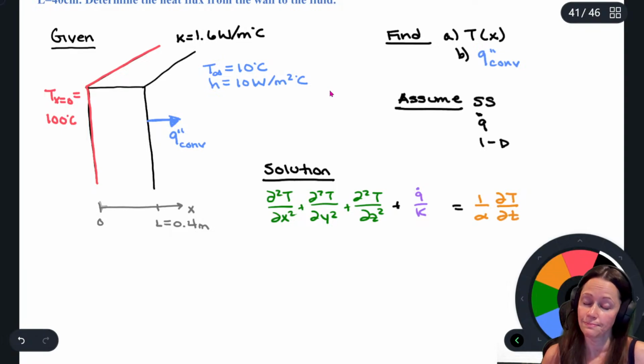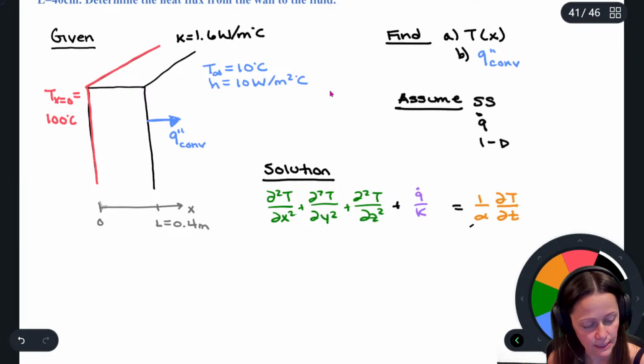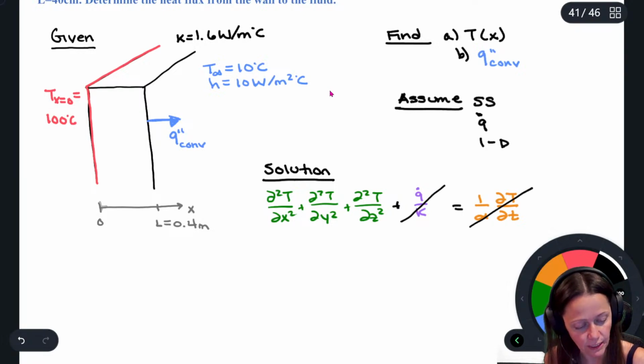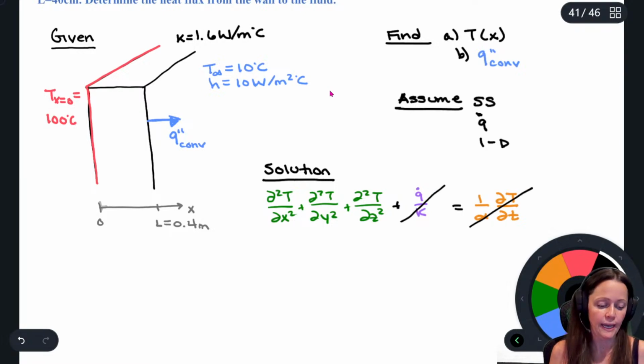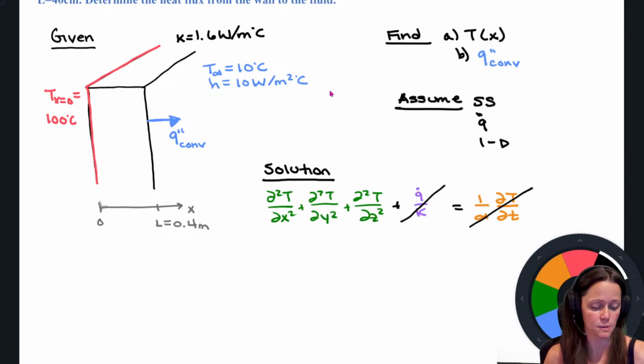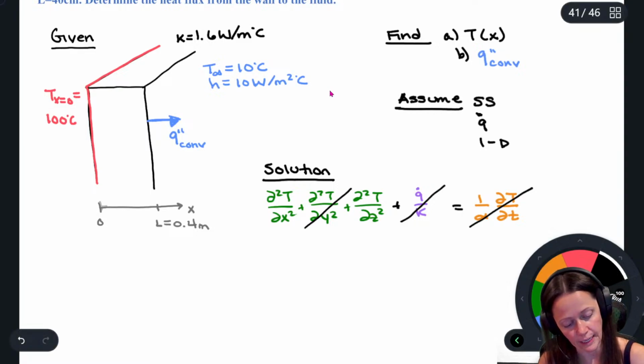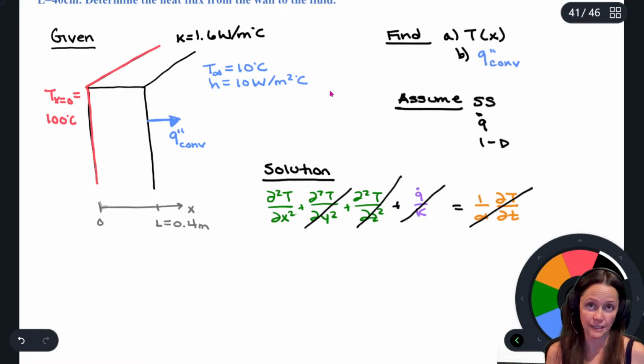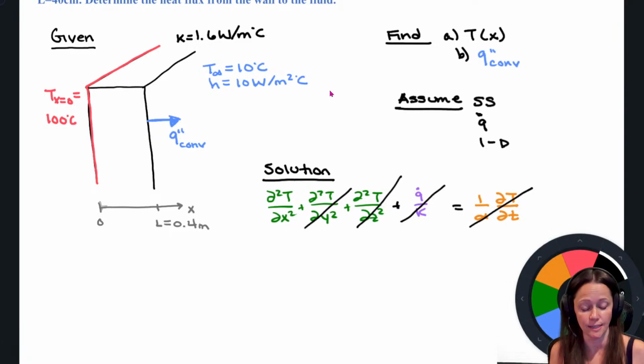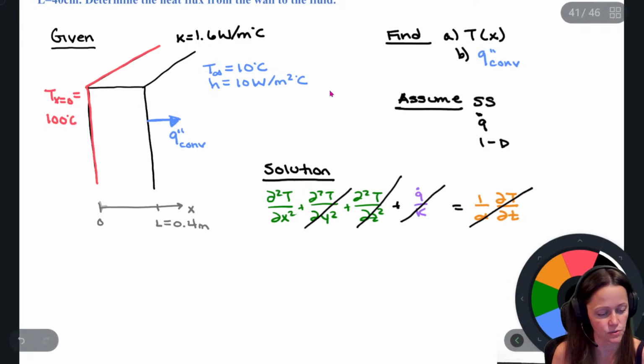But of course, we're modeling in a steady state, there's no indication of any heat generation, and there is no temperature gradient defined in the y or the z direction.